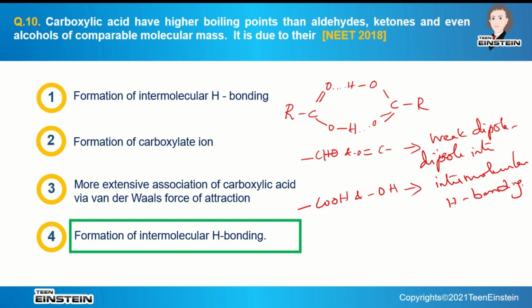Mainly, carboxylic acids have higher boiling points than other functional groups due to more extensive association through intermolecular hydrogen bonding. So the correct answer is option 4, that is formation of intermolecular hydrogen bonding.